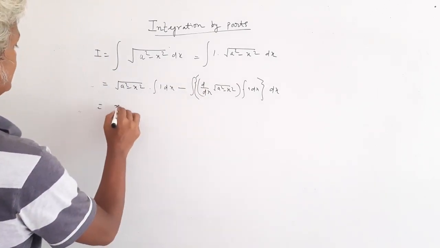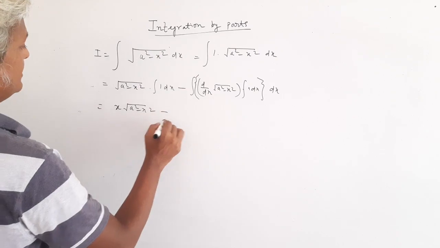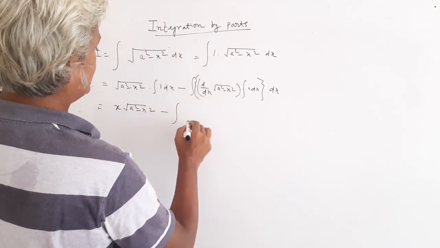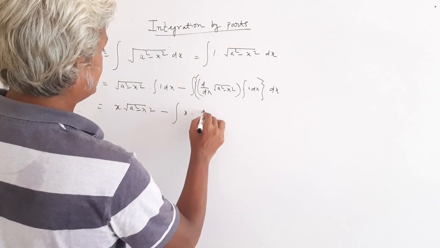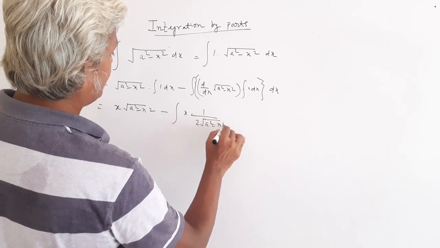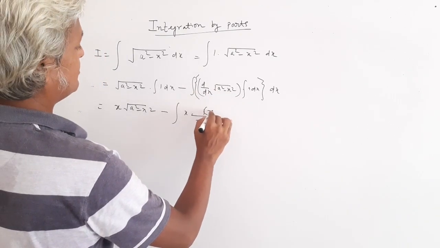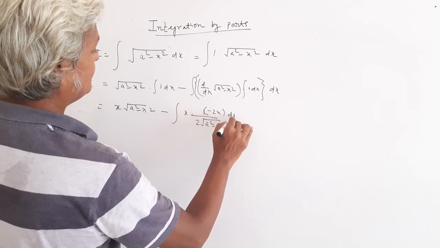So this is x under root a square minus x square minus integration, this is x, this is 1 over 2 under root a square minus x square, and the derivative of a square minus x square is minus 2x dx.